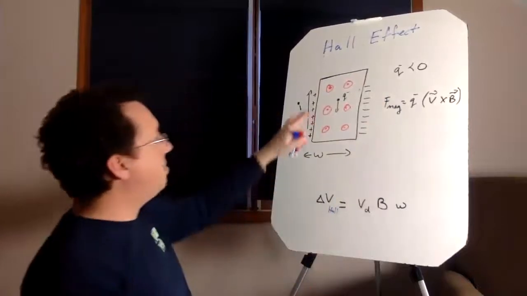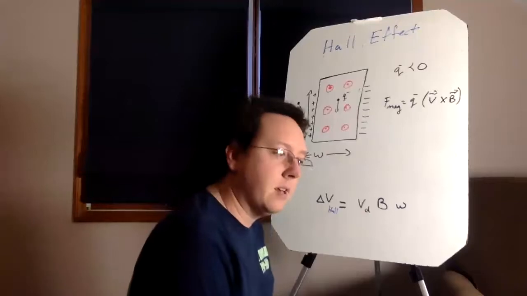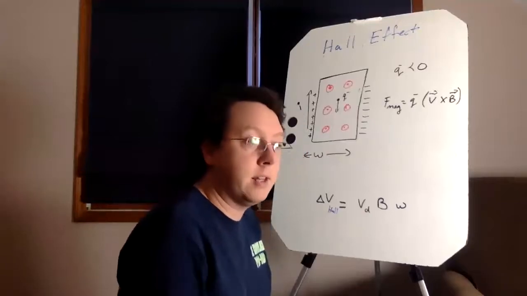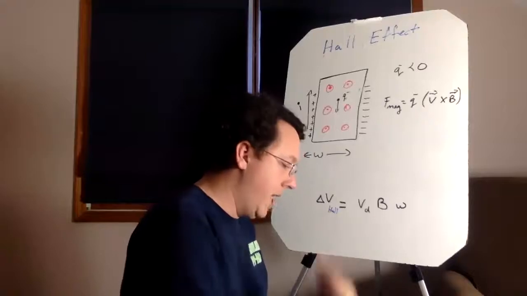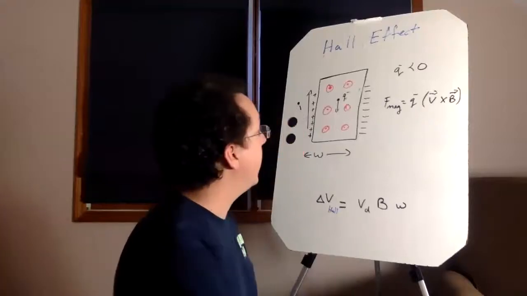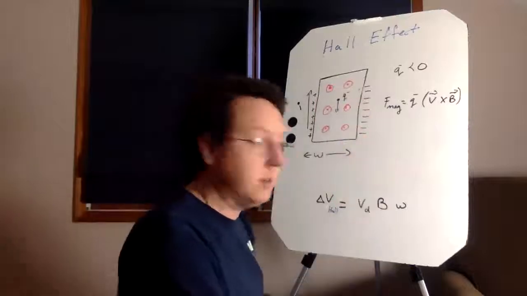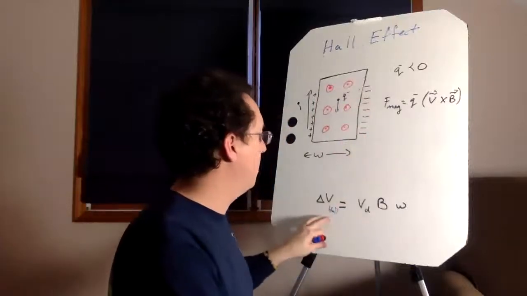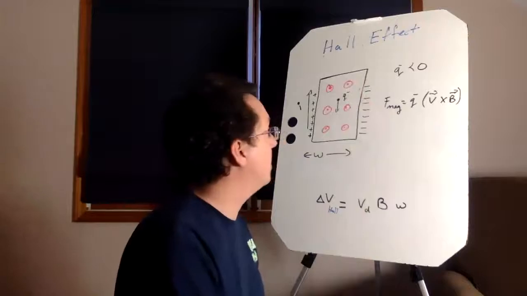This would be the picture you had if the charge carriers were negative. Before, we worked out hypothetically what it would look like if the charge carriers were positive. Now we're doing the same for what if they're negative. It's the same basic picture. It looks roughly like a capacitor. So the magnitude formula for the potential is going to be the same. All we're talking about is a minus sign.